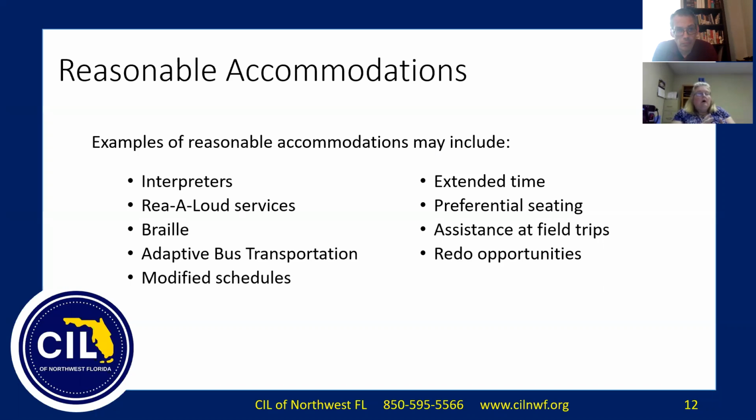Alternative printed materials, like they may be printed in Braille or large print. Adaptive bus transportation may be provided. Modified schedules, extended time to do homework or test taking, preferential seating in the classroom, assistance at field trips, opportunities to redo work or retake a test.